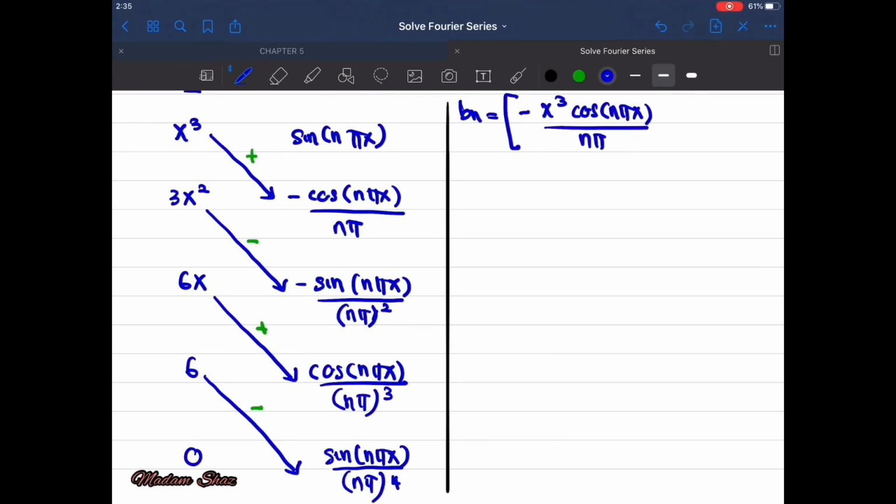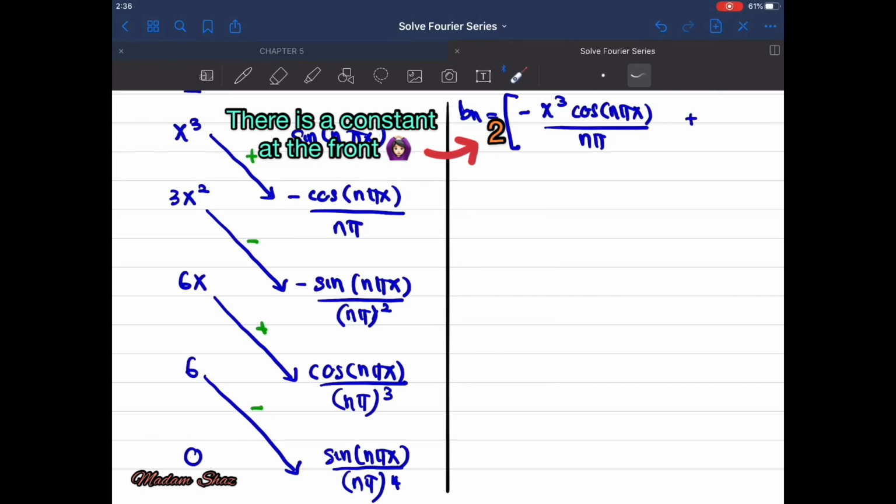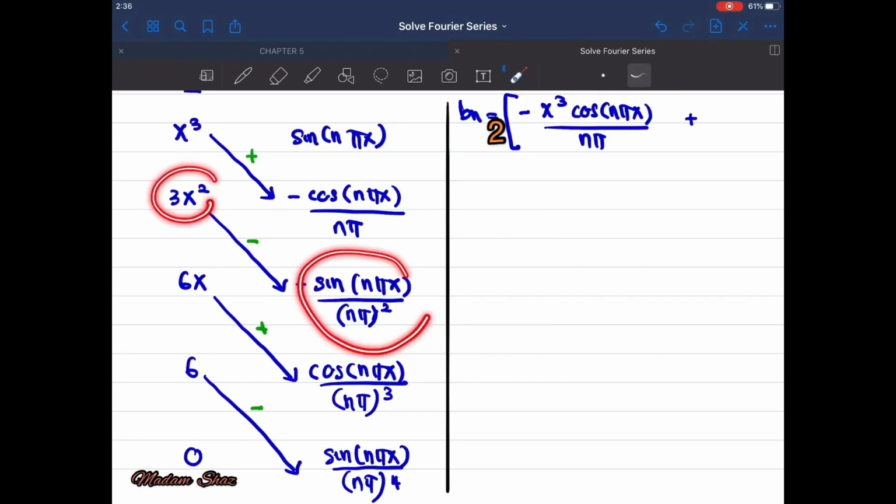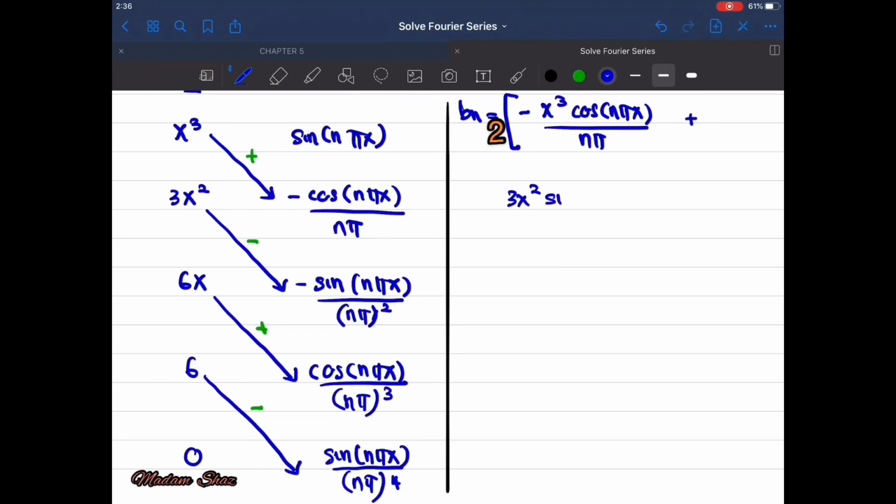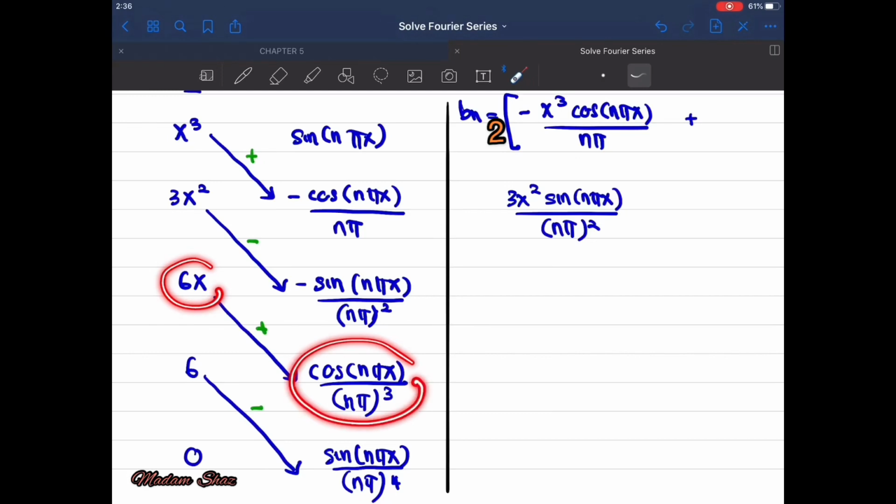So make it in bracket because we want to substitute the limit. Negative with the negative will become positive 3x square multiply with the sin n pi x over n pi square. Positive 6x multiply with the cos.